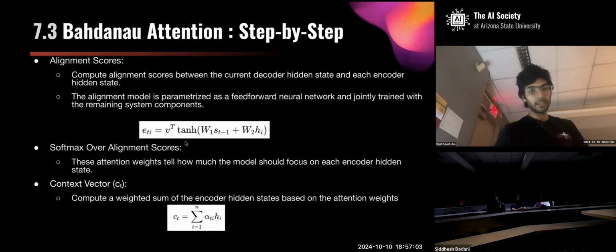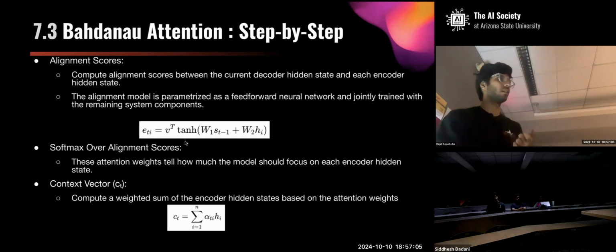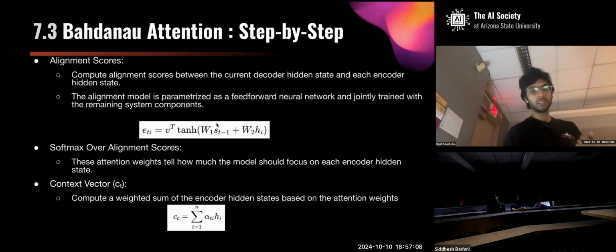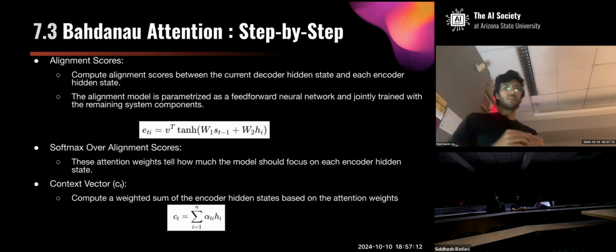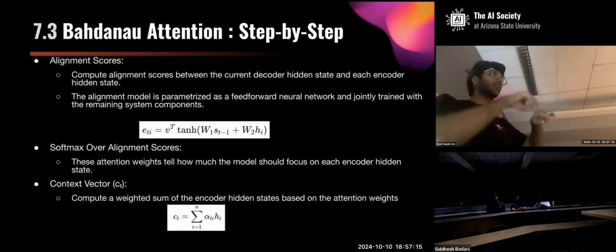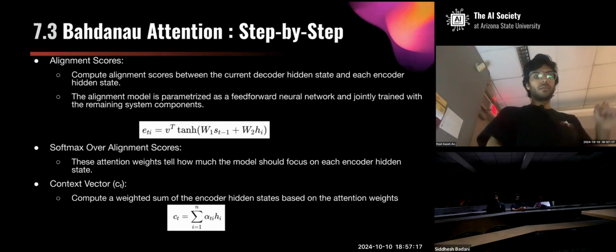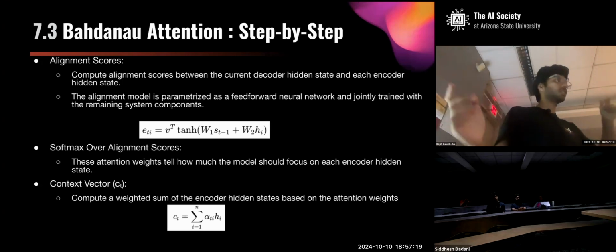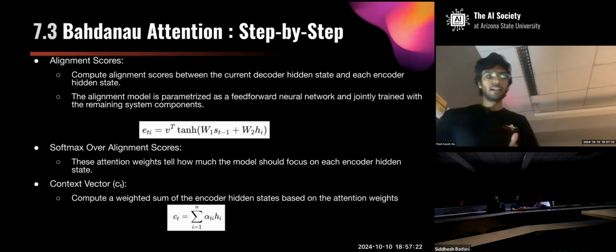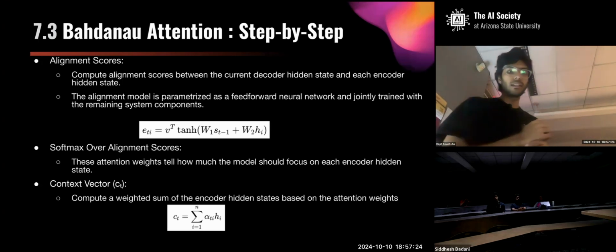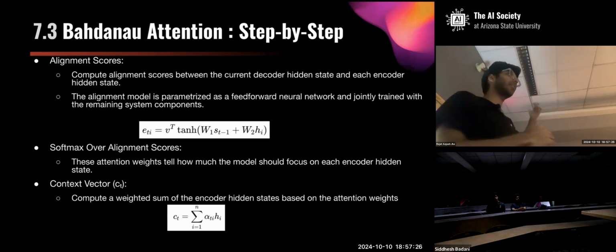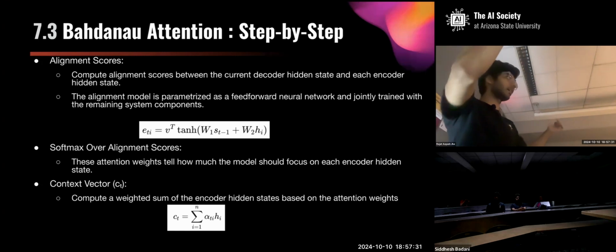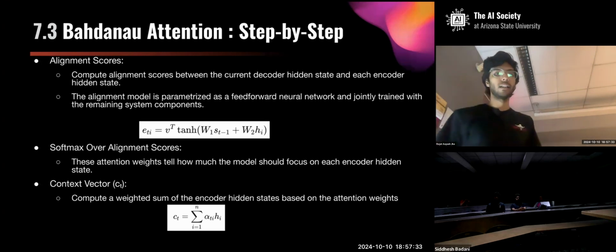As you can see, e_ti is equal to v transpose tanh of W1 s_(t-1) plus W2 h_i. W1 and W2 are the parameters of the neural network, and tanh is the activation function which is being used. s_(t-1) is the decoder state information which is relevant for that particular step, and h_i is the encoder hidden state.